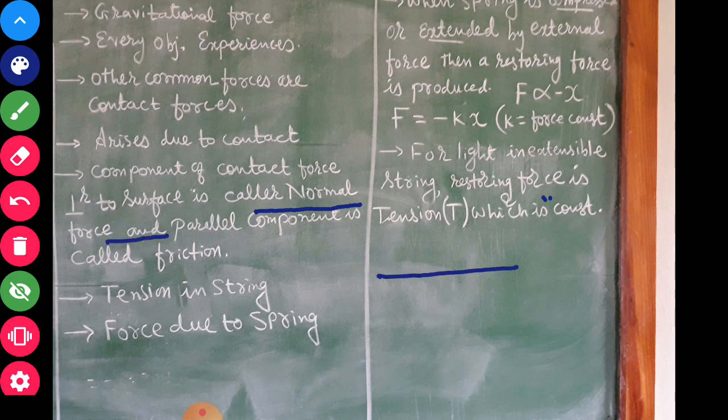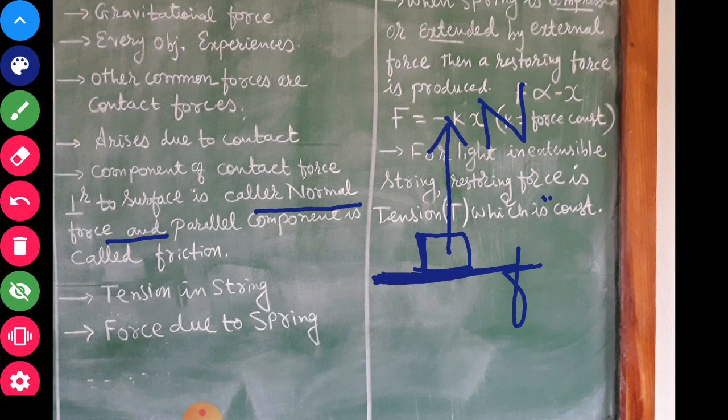Try to understand, if a book is lying on the floor, because of the contact there is a force, and its perpendicular component is known as the normal force, and the component which is parallel to the surface is known as the frictional force. So there are two components of the contact force: one is the normal force and the other one is the frictional force.